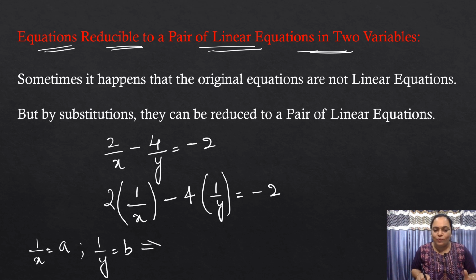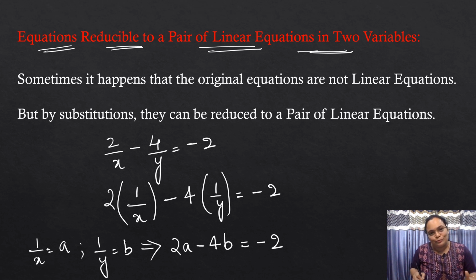How does this equation change? 2a minus 4b is equals to minus 2. So, we are substituting 1 by x to a and 1 by y to b so that we can make a linear equation and solve further.